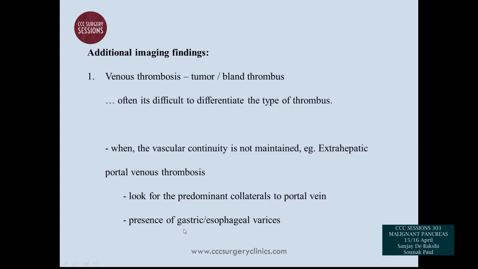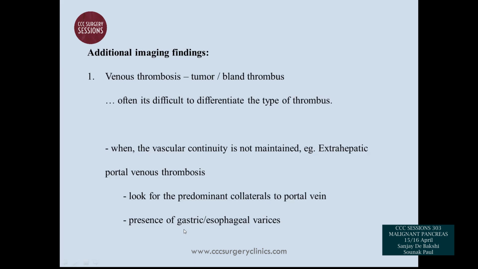If it is a clincher for deciding the course of treatment, then an MRI may be obtained, in which a diffusion restriction within the thrombus will suggest a tumor thrombus, and no restriction on diffusion weighted images will be a bland thrombus.